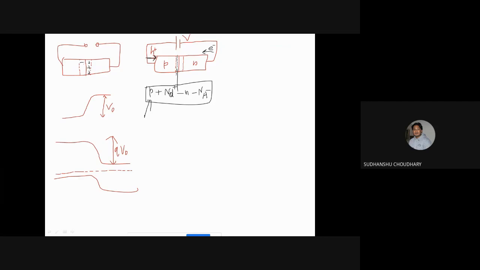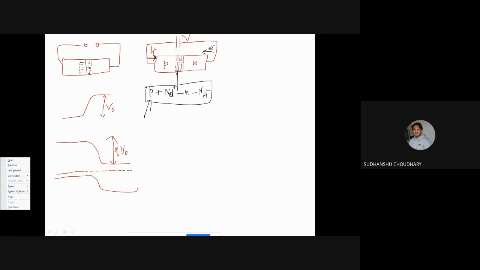These are negative charges. Yes, since holes are entering, this should be reduced. Similarly, when electrons are entering from this side, the depletion region should shrink at the N side also, so that the space charge neutrality principle is maintained across the junction.